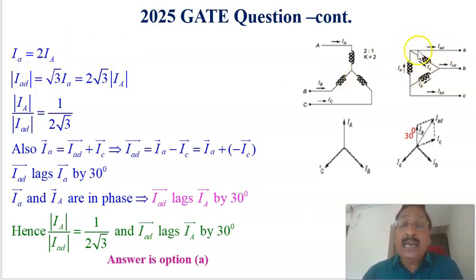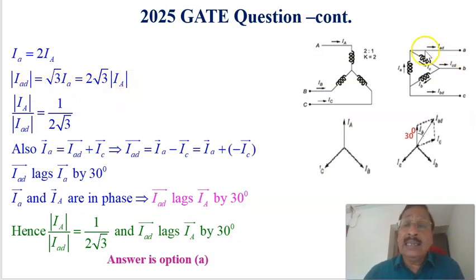Second, let's see what is IAD. In the balanced case, the magnitude of IAD is equal to root 3 times small ia. In a delta connected case, the line current is equal to root 3 times the phase current. Since small ia is equal to 2 times I capital A, substituting that we get 2 root 3 into modulus of IA.